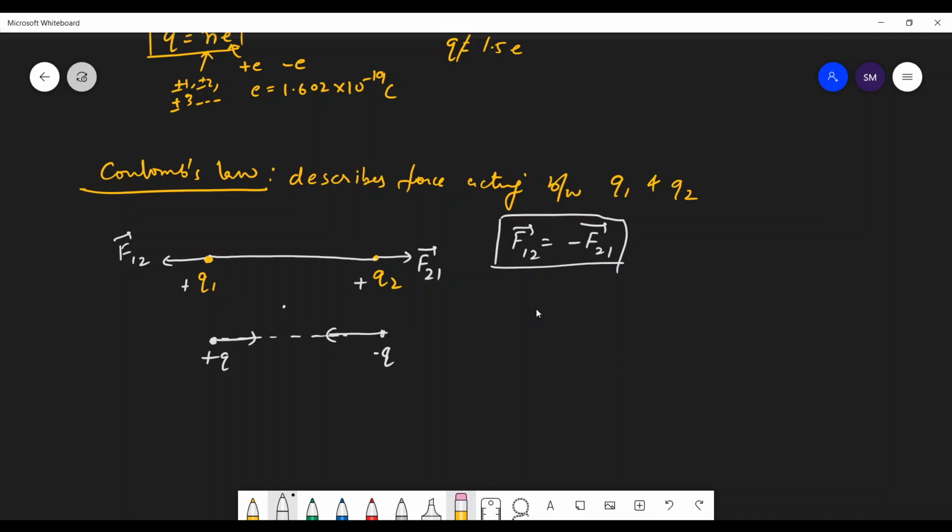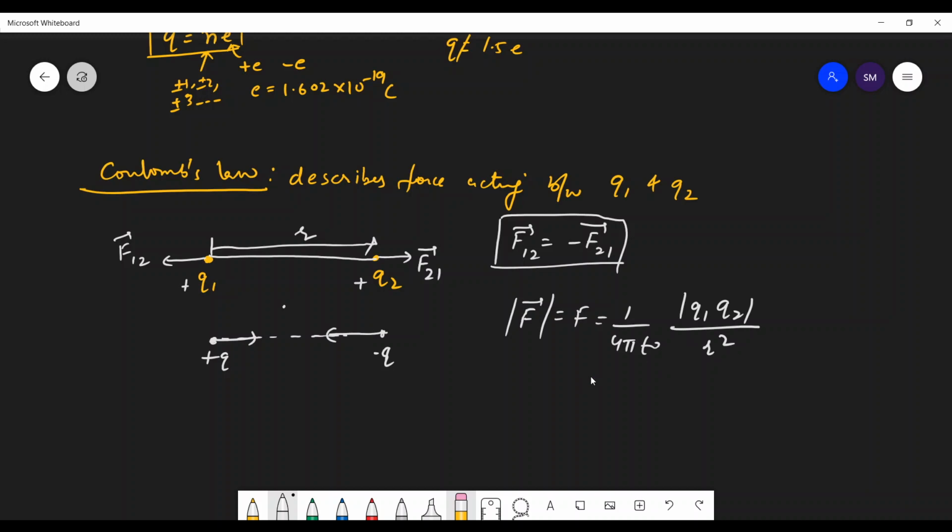Coulomb's law states the force between these charges. The magnitude of this force is given by 1 upon 4 pi epsilon naught, modulus Q1 Q2 by R square. Here R is the distance between them. So this is the inverse square law.